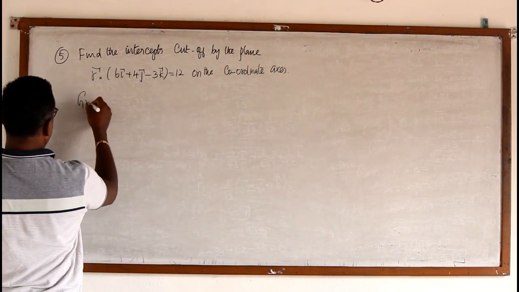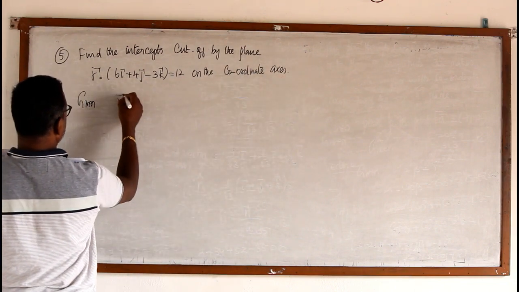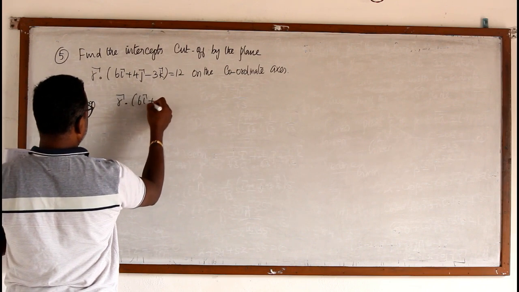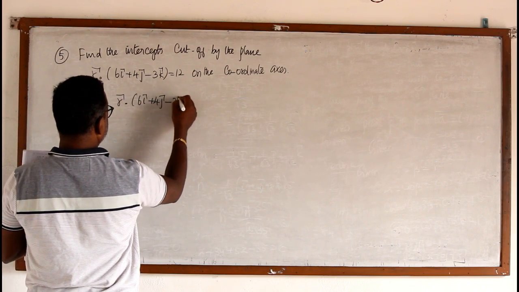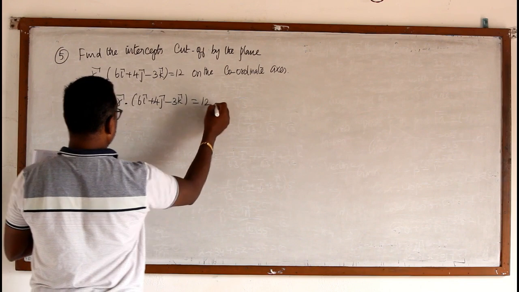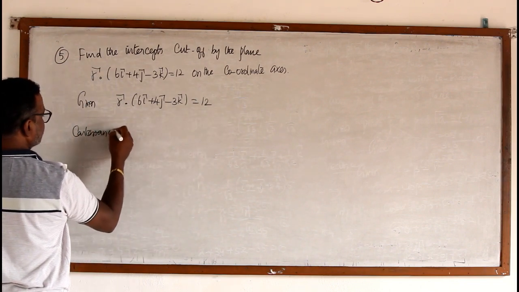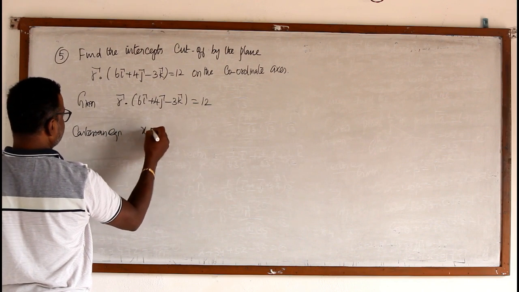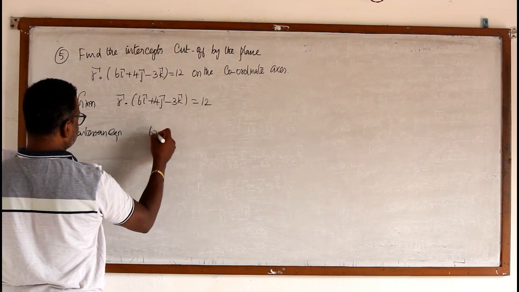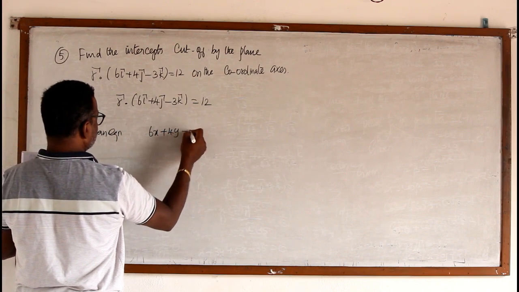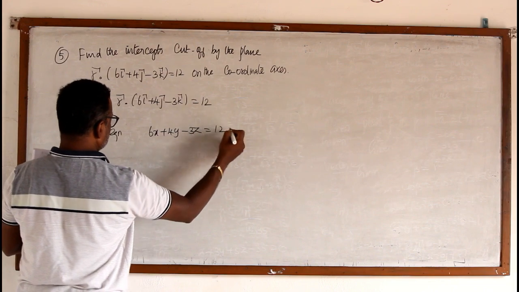So given, I need the intercepts. So r dot 6i plus 4j minus 3k equal to 12. Then the Cartesian equation, shall we write straightaway, is 6x plus 4y minus 3z equal to 12.